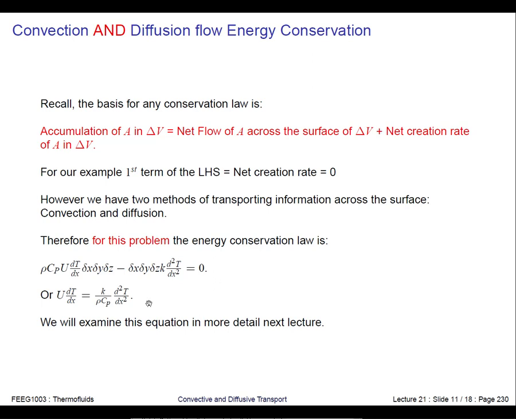And then we can simplify this a little bit, so we can divide by the volume of the control volume, so we can get rid of this bit, and we rearrange it slightly by having a coefficient here which contains all our fluid physical properties. So this is my thermal conductivity, this is my density, and this is my specific heat of the liquid.